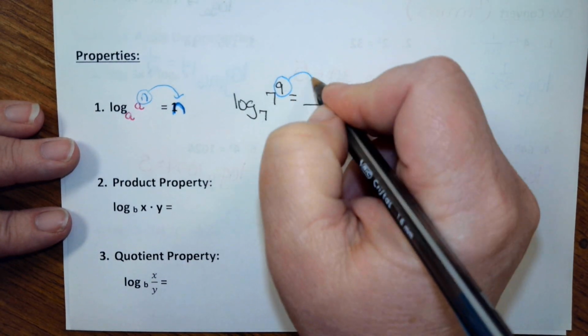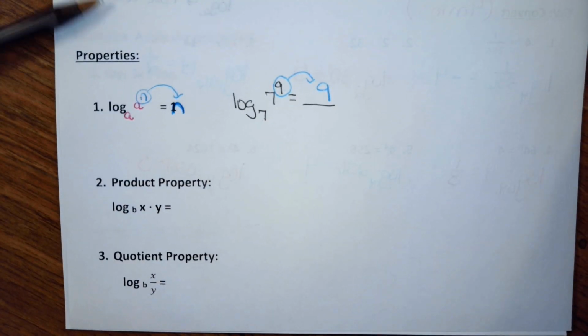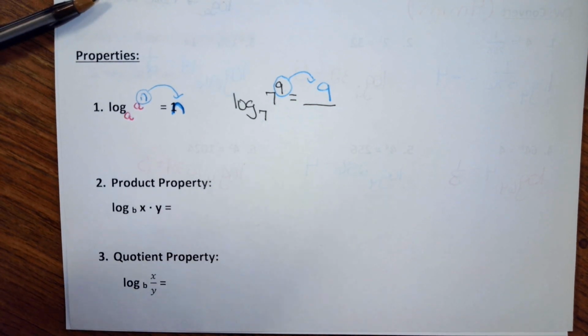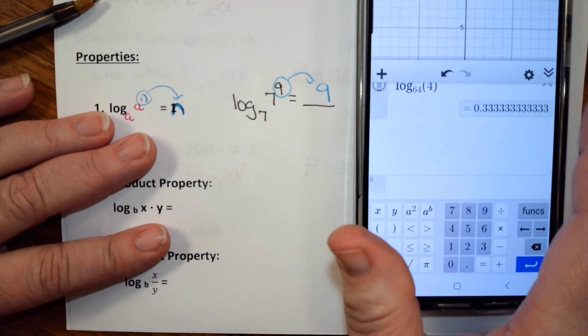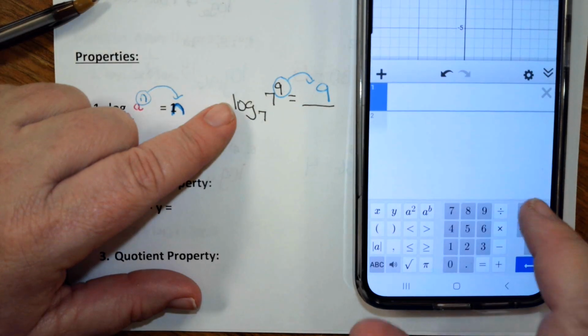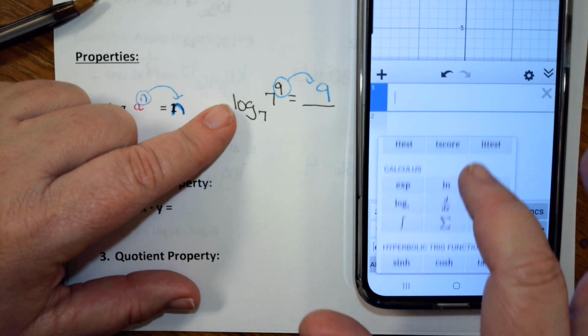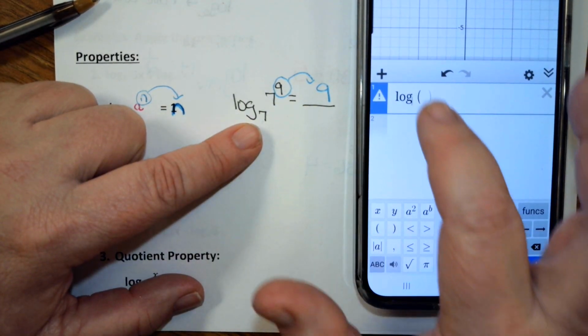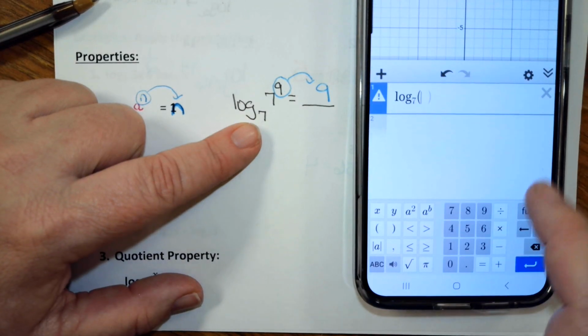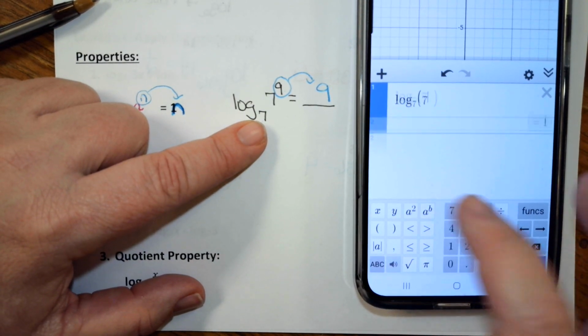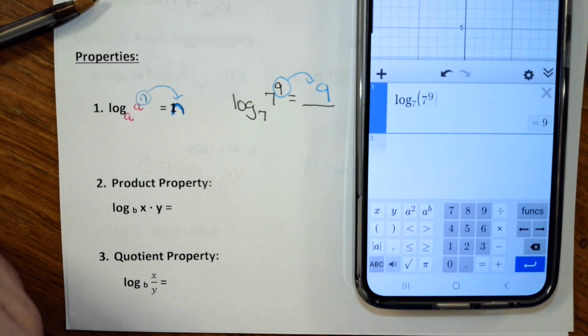So here the answer would be 9. And just to prove it to you, if I come right here, log base 7 of 7 raised to the 9th, and look at that, our output is 9.